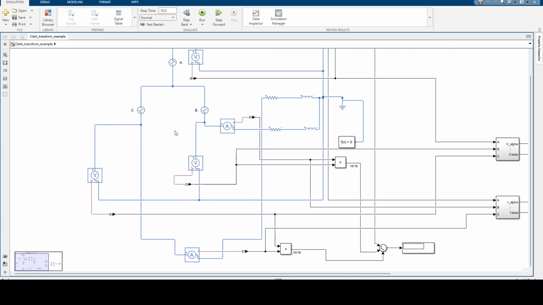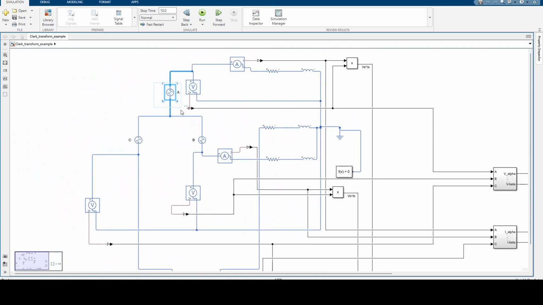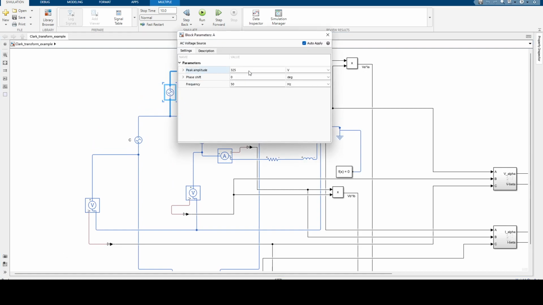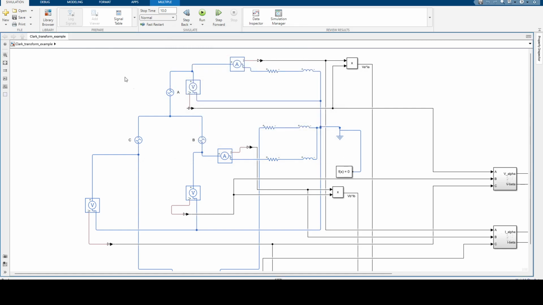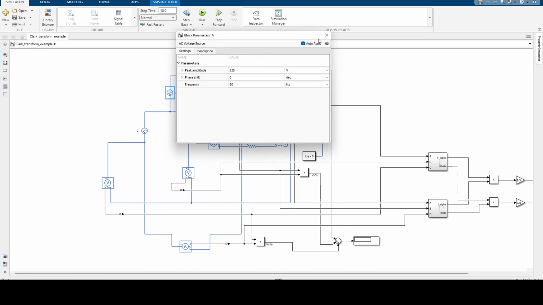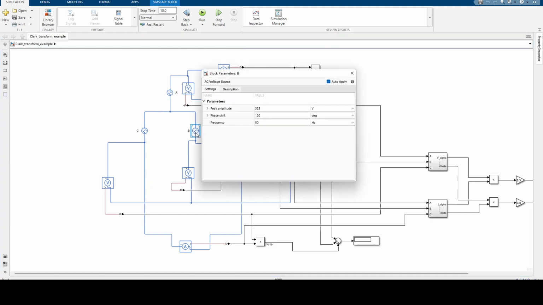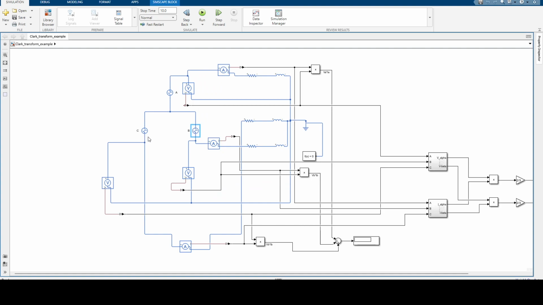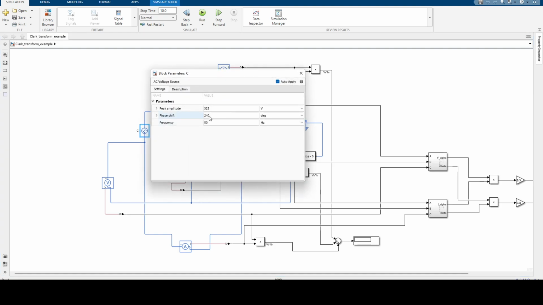So first we have our sources. Here we have A, and this is 325. 325 comes from 230 times square root 2, that's what we calculated. Then we have B with a phase shift of 120 degrees, and this one is C at 240 degrees.